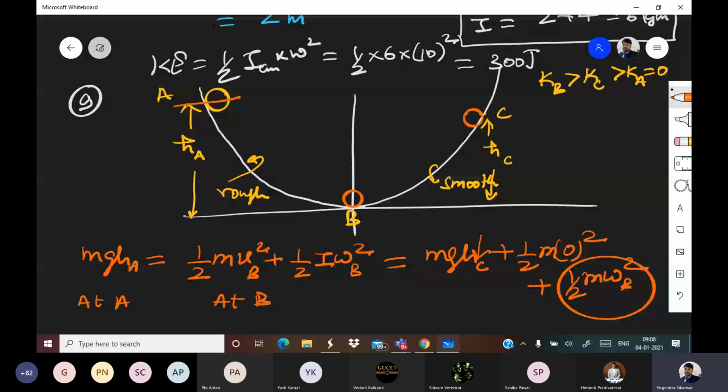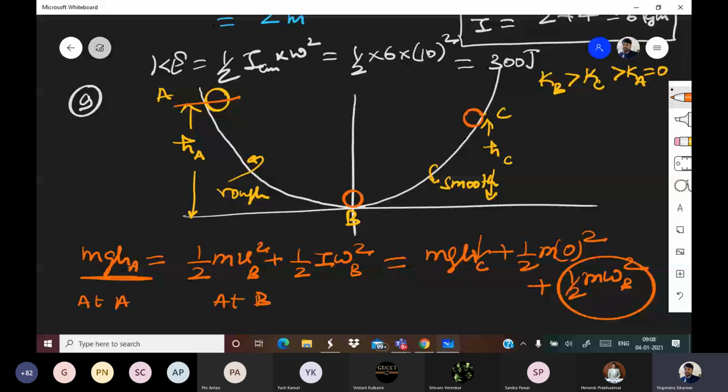Are you getting it? Have you understood this? Sakshi, you understood? Varun, you understood? Yash, you understood? Okay, Sakshi understood. Because the same thing, which is mgh_A, is now this, so something is added.